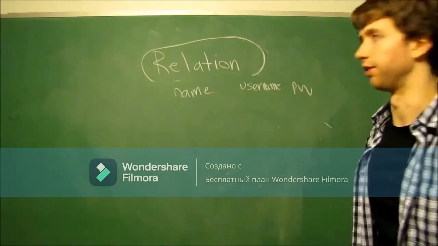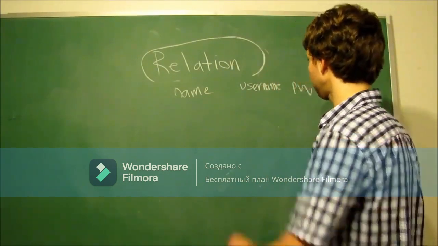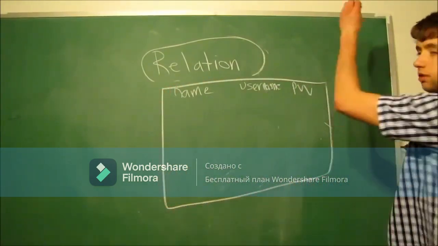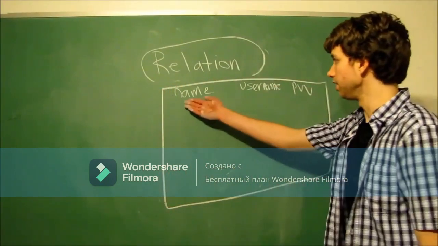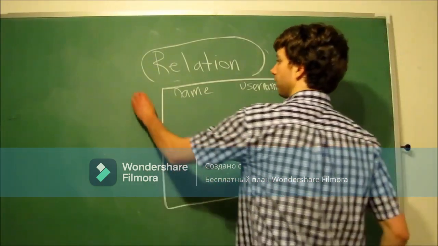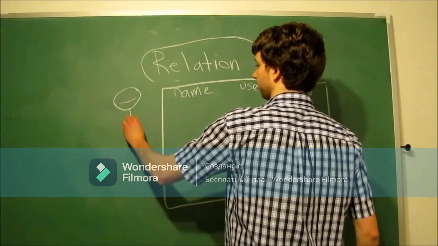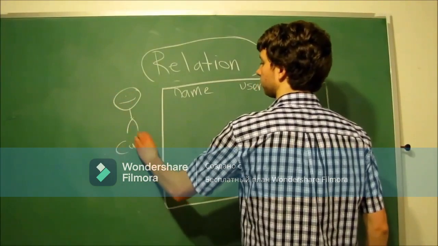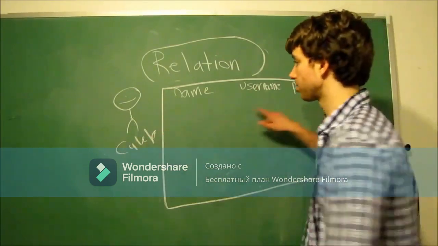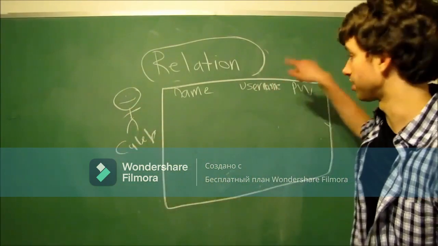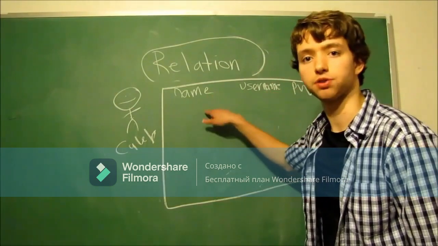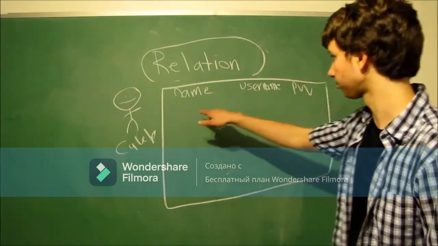Don't worry if you can't read my handwriting, you get it. We store this in a table. So these are the things we need to connect with this person over here, which we named Caleb, and I accidentally erased them, whatever. We'll just leave it at that. So that's Caleb, and we want to store this information in this table, which is a graphical way to illustrate how we're storing data in a database.